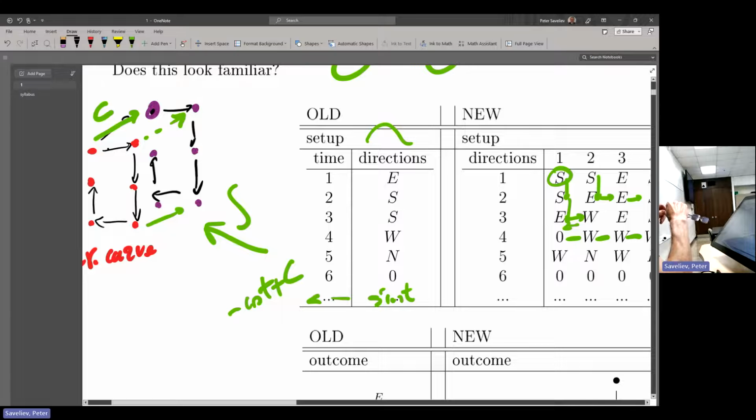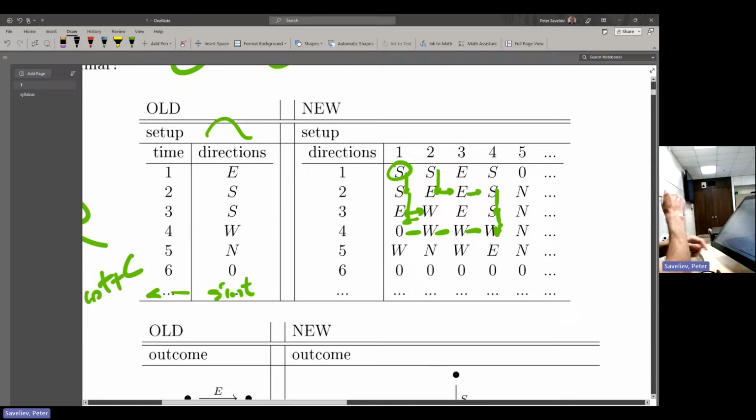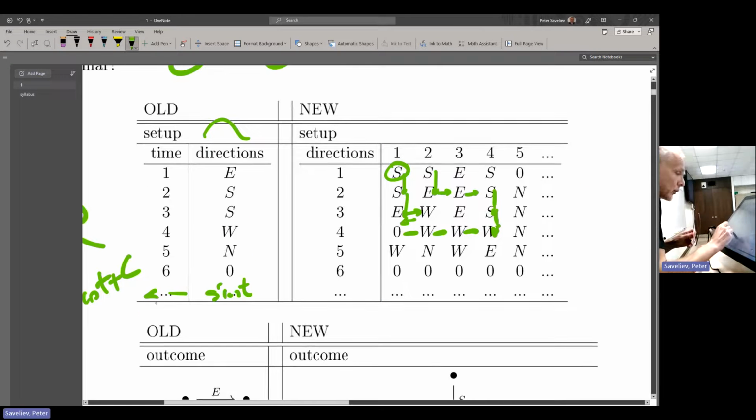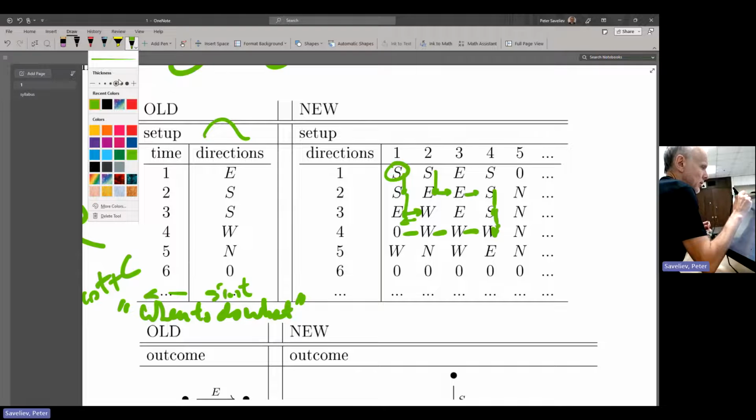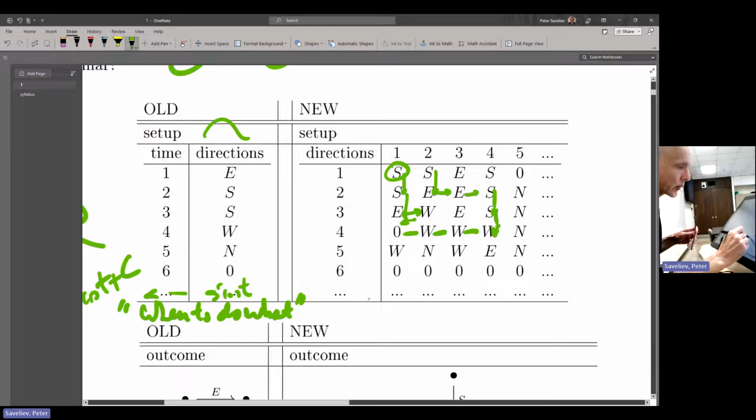So that's what it is on the left. When to do what. In contrast, what's on the right is where to do what. In the first case, if you know the time, you look at the time and you know what to do.